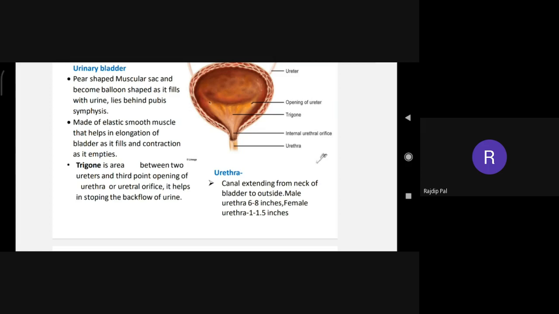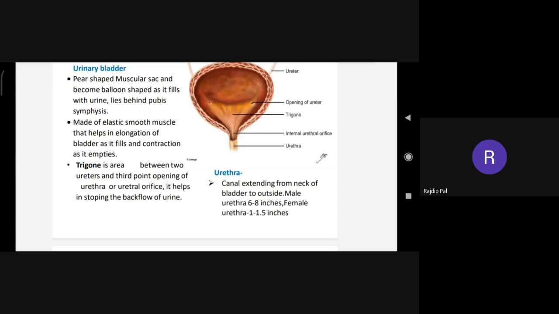Okay. Now, the last point is the urethra. What is the urethra? It is a small canal extending from the neck of the bladder, meaning the urinary bladder, to outside.